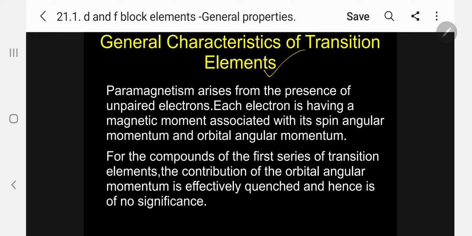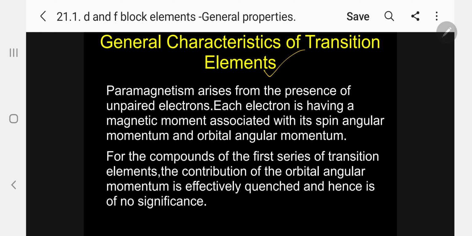I told you d1, d2, d3, d4, d5, d6, d7, d8, d9. Only two cases, the completely filled and empty d orbitals, are without any paramagnetic character.